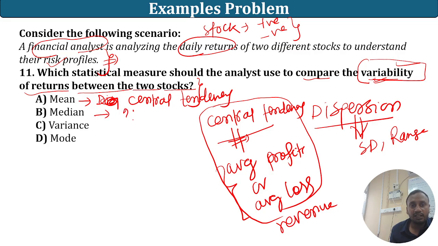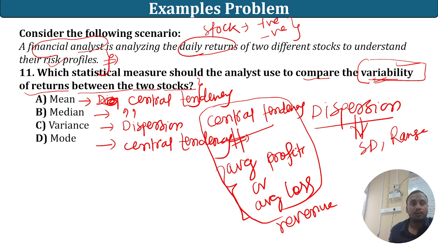This also is a central tendency only. Variance is actually a dispersion. Again, the mode is a central tendency. Okay, so the answer will be C. I think this question will be clear. So the answer is C.